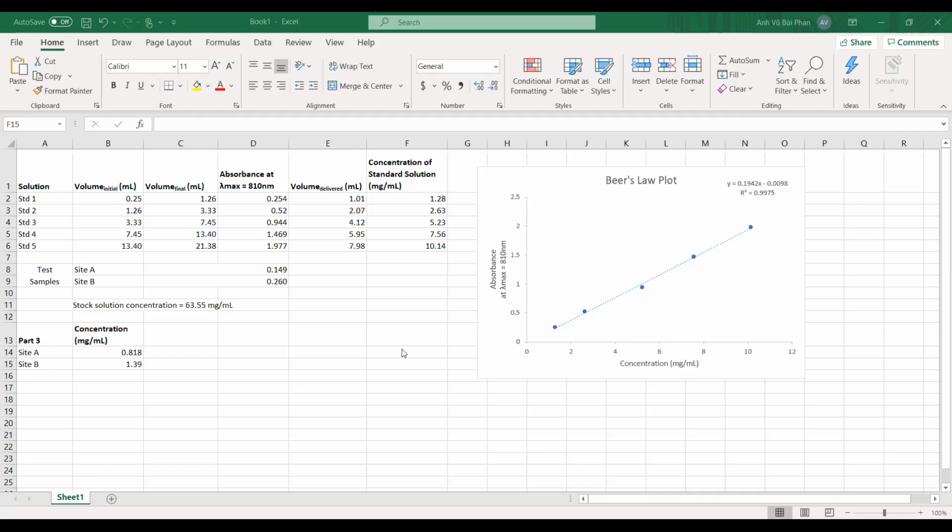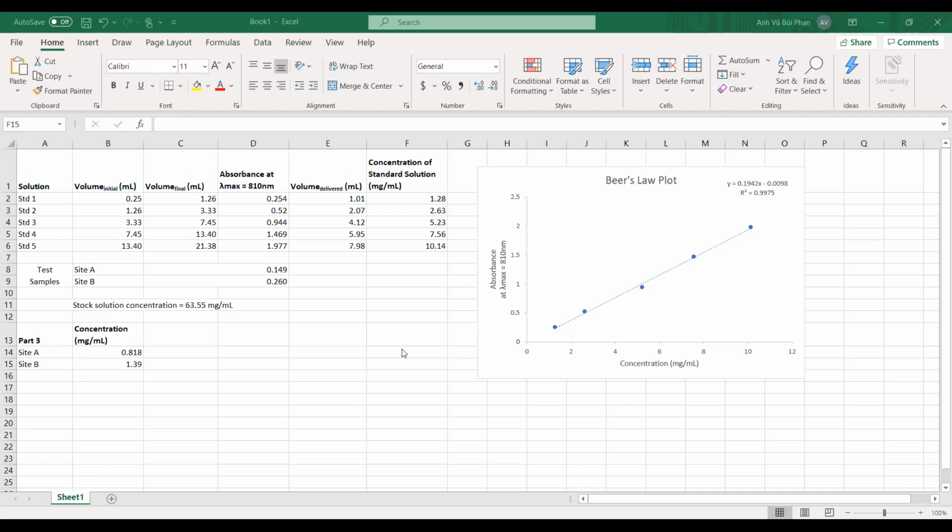So for example, if you were to use the light test that we used in the lab, and you tried to pass light through it, it wouldn't pass through as much as it would on site A. So if it doesn't pass through well on site B because it has a higher concentration, that means it has a higher absorbance. So that determines that it's more concentrated, which has more copper in it.